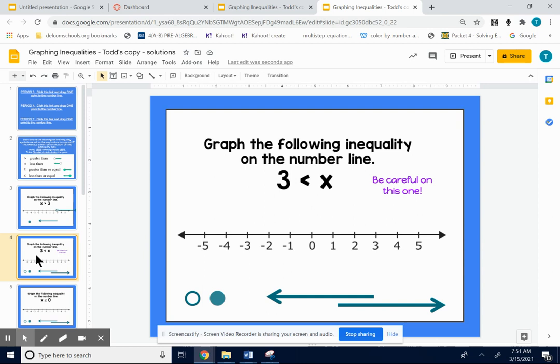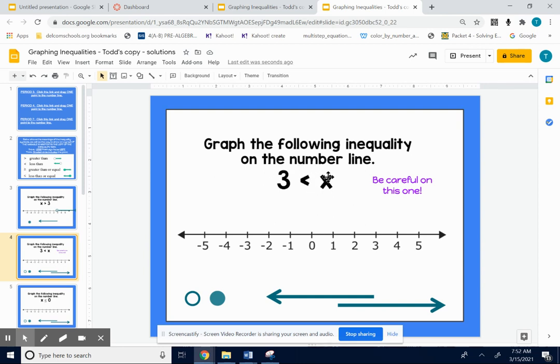Graph 3 is less than x. Now, I could think of that as 3 is less than my numbers, but I would rather think of it this way: if 3 is less than my solutions, that means my solutions are greater than 3.